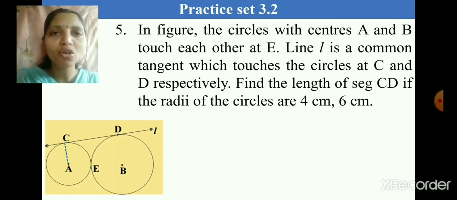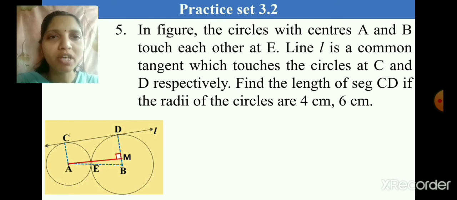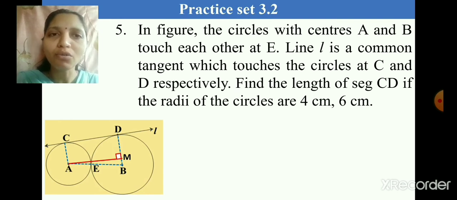We will draw segment AC, segment AB and segment BD. We also have to draw a perpendicular segment, segment AM, on segment BD. So we can say that segment AM is perpendicular to segment BD. With this construction we will start with our solution.